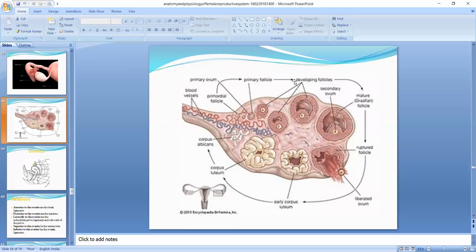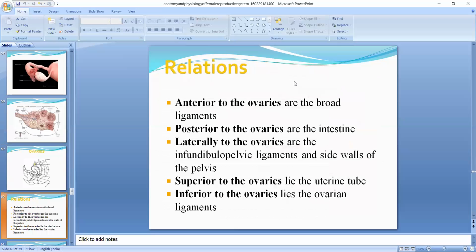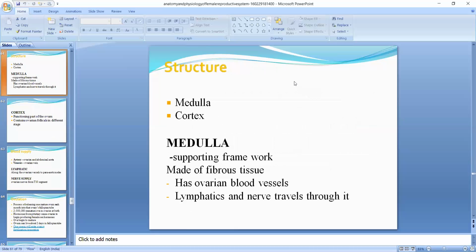We can see here in this picture the different stages of oocytes. Anterior to the ovaries is the broad ligament, posterior there is the intestine, laterally the infundibulopelvic ligament, superior to the ovary the uterine tube, and inferior the ovarian ligament.